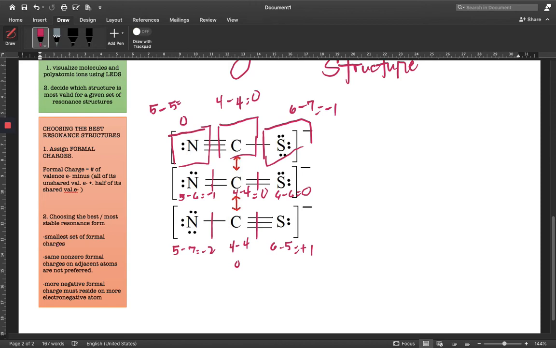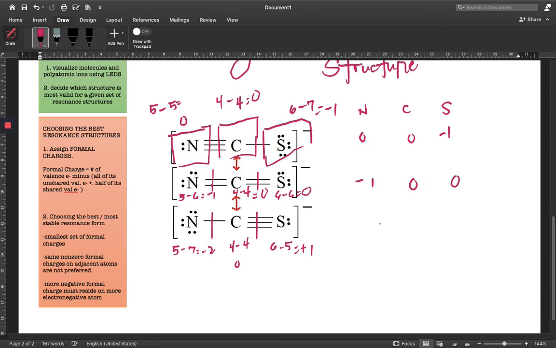Now, to make it clear, let us write the formal charges that we found out. In this structure, nitrogen, carbon, sulfur. In the first structure, that is 0, 0, negative 1. You may not do this, I'm just doing this for clarity. This is negative 1 for the second structure, and carbon in the second resonance form is 0, and it's 0 here.